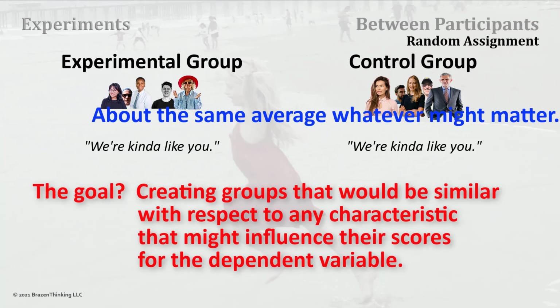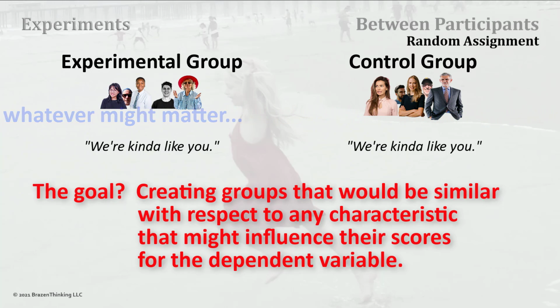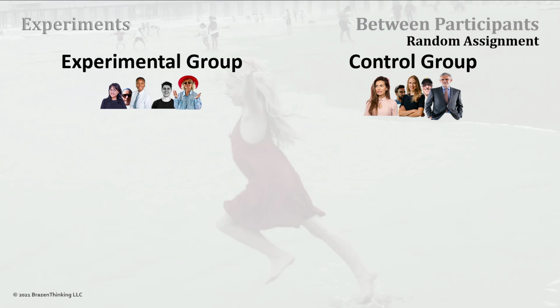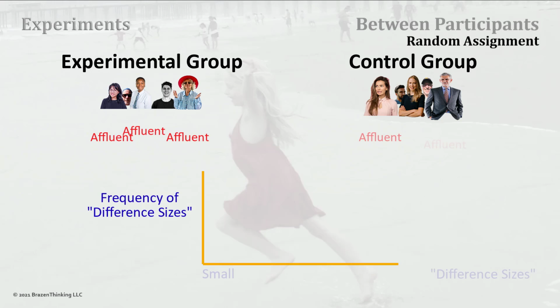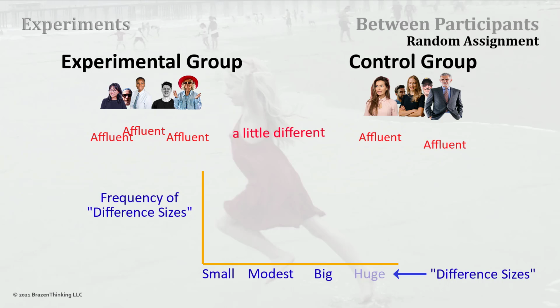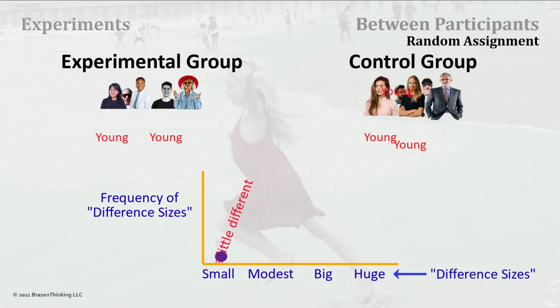In our case, any characteristic that might influence how well people do on tests should end up randomly distributed across the two groups. So differences between those two groups in those characteristics will be chance, random differences. Chance, random differences tend to be small.